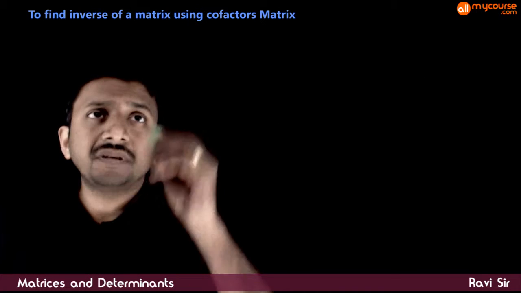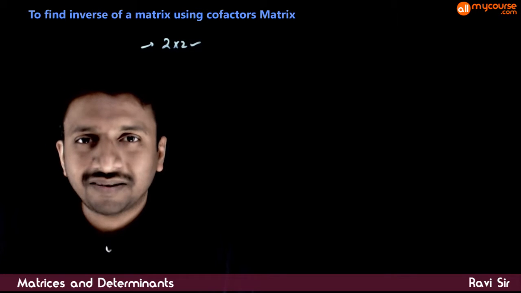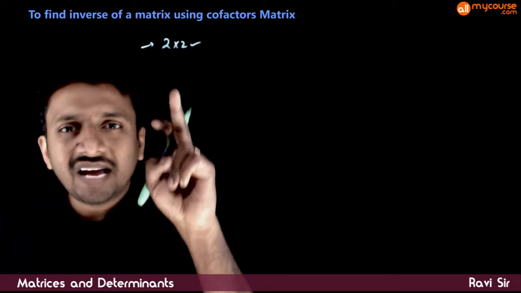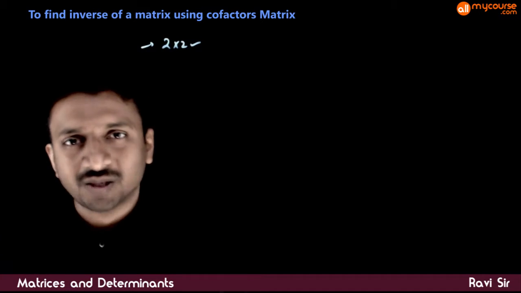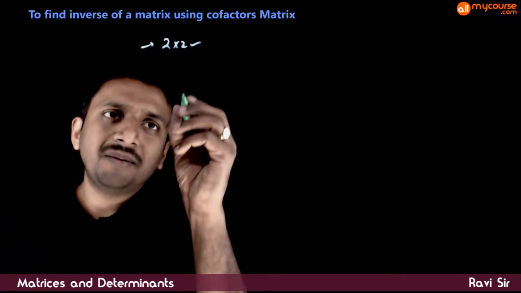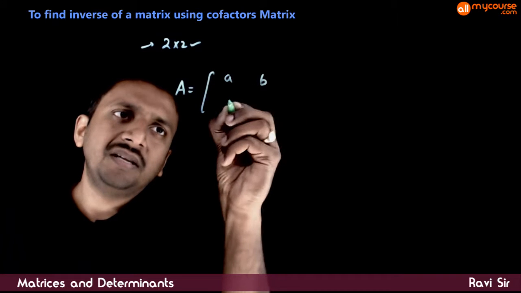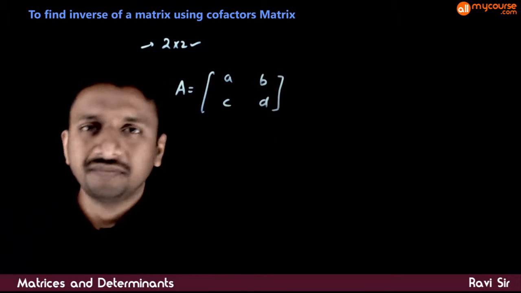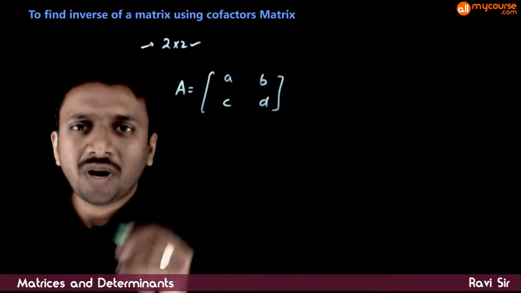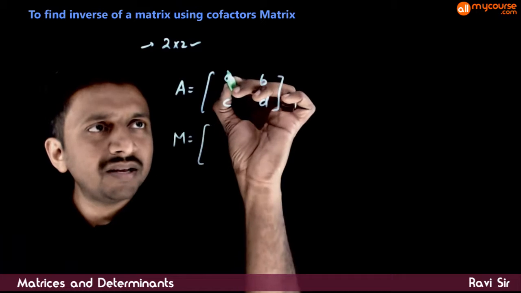So if you have a 2 by 2 matrix instead of a 3 by 3 matrix, there is a direct formula using the cofactors matrix for finding the inverse. For example, if you have a matrix A, B, C, D. Corresponding to A, what is the minors matrix? What is the minor of A?